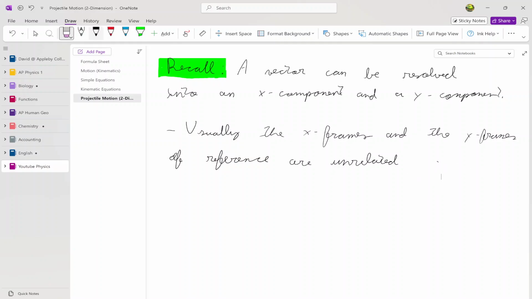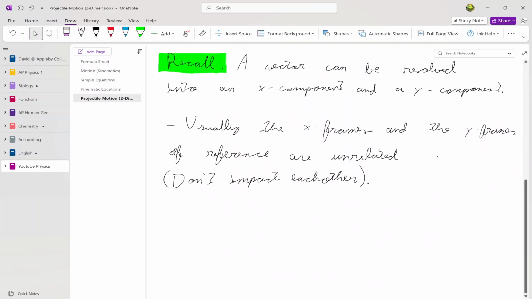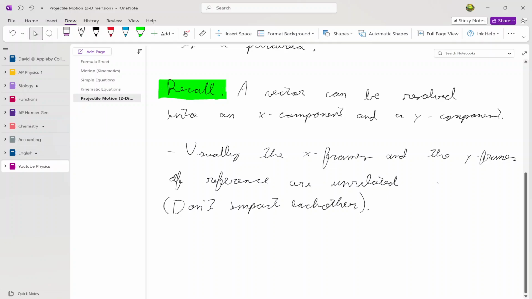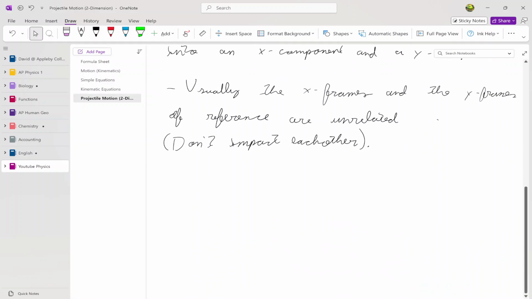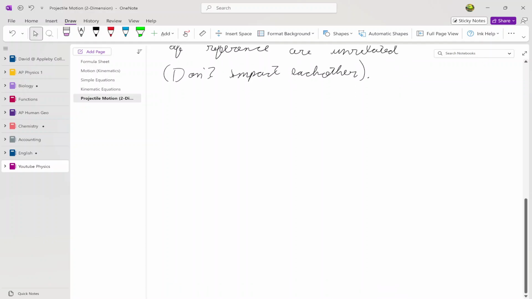Let me write that down: don't impact each other. So when you're breaking down vectors into x's and y's, remember that they are singular, one and one. It's vertical and it's horizontal. The horizontal does not affect the vertical. They're different things.